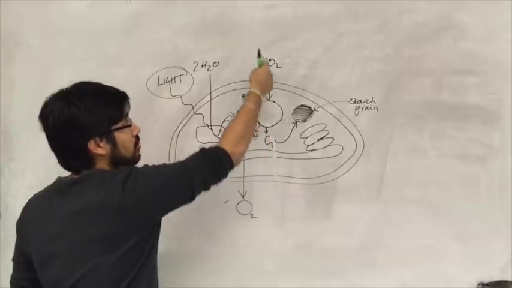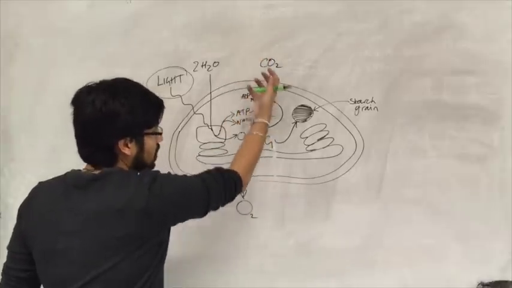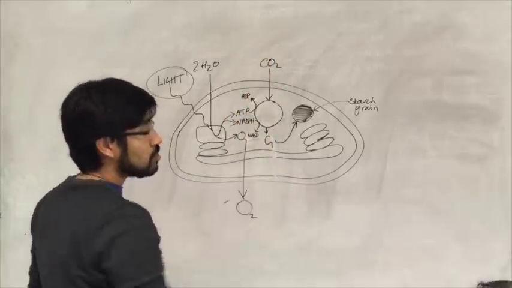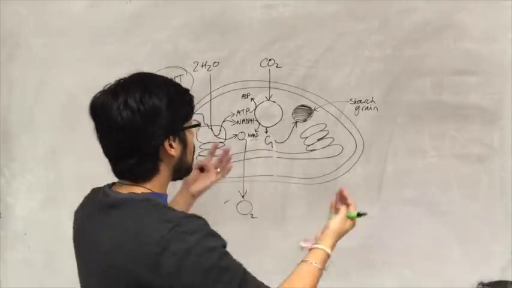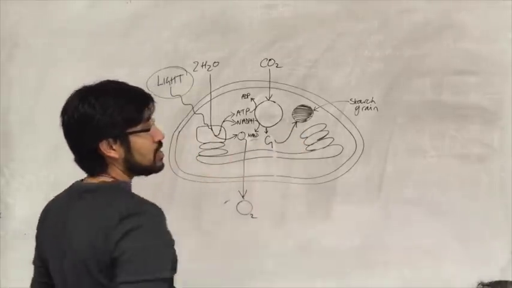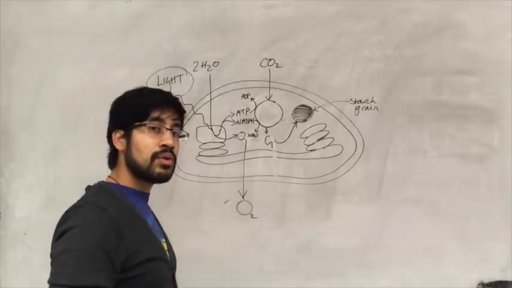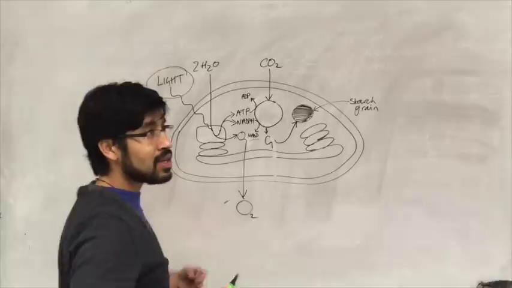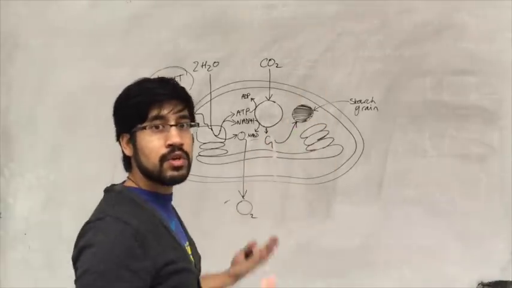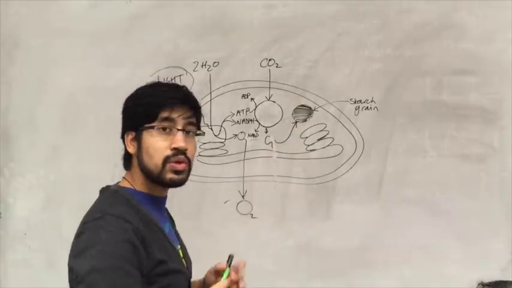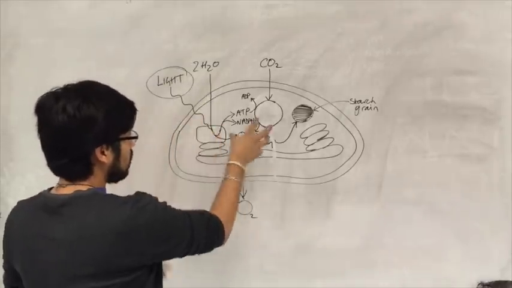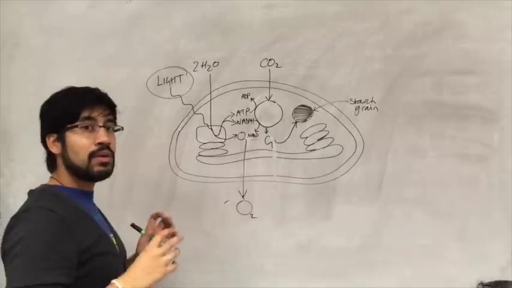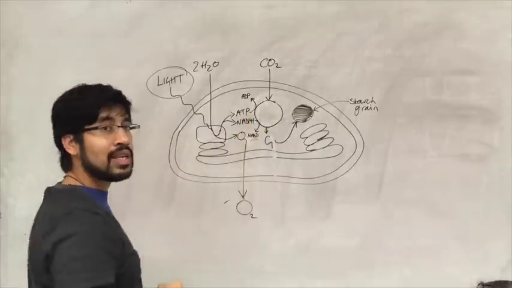And this cycle is responsible for fixing carbon and making it into glucose. The glucose is what we store the energy in, and ultimately that energy gets released in respiration, both within the plant cell and in all the consumers of the food chain. So that's an overview. Now let's look in detail at the light-dependent stage and then at the light-independent stage.